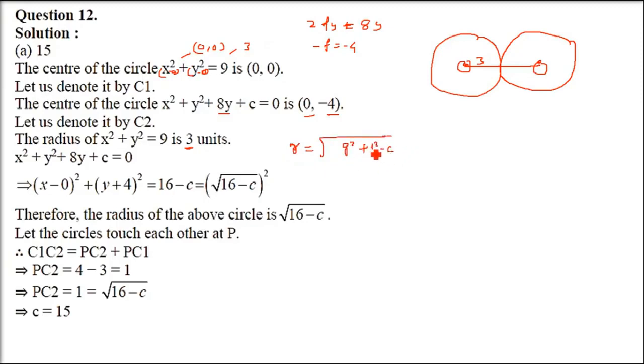We know g and f, 0 and 4, so let us put these values: g square plus f square minus c.